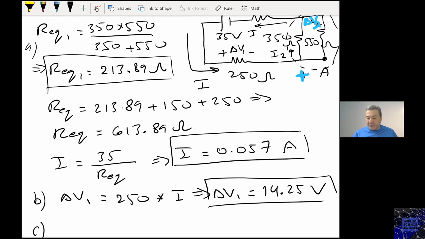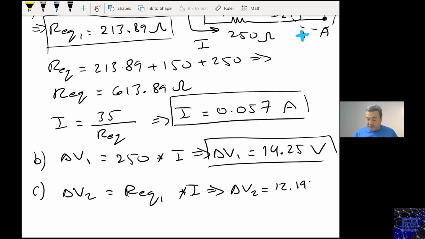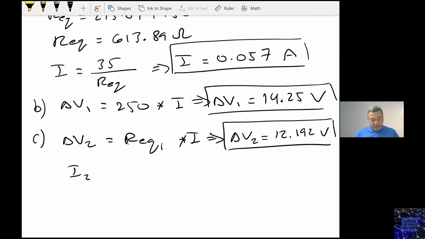Then when I calculate delta V2, I have to include the equivalent resistance. So in this case, delta V2 equals R equivalent 1 times I, which is 12.192 volts. Now I can calculate the current I2, the current through the 350, is delta V2 divided by 350 ohms, and in this case I2 is 0.035 ampere.